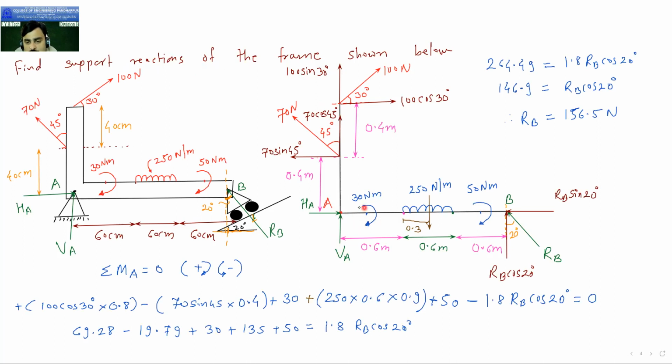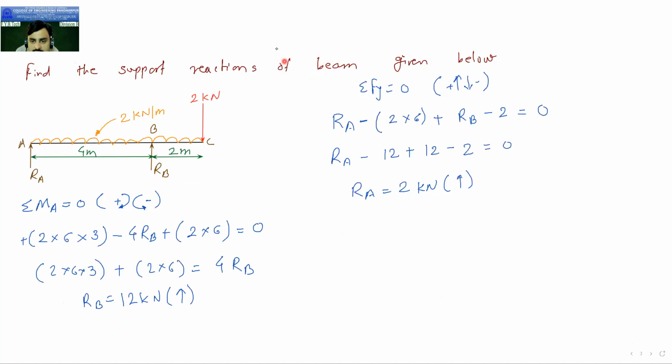The 30 Newton meter is not a force, we will not consider it. Then 250 into 0.6 is moving down, so negative. Plus RB cos 20.